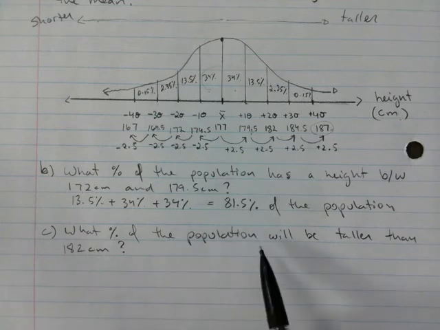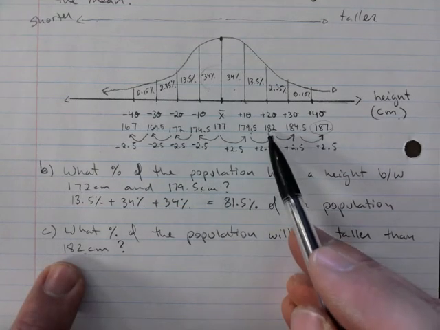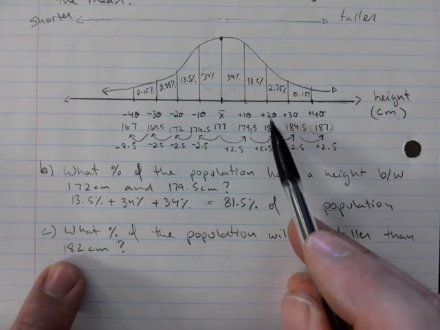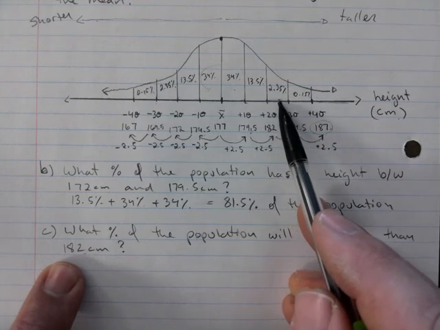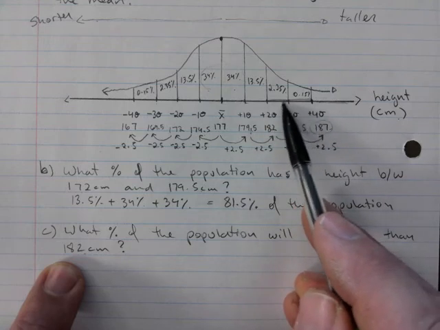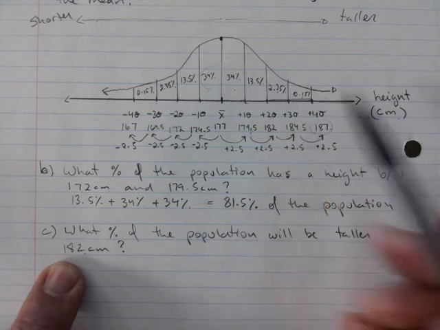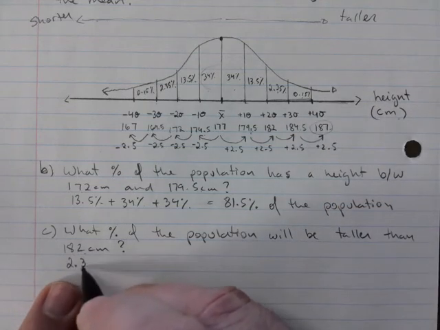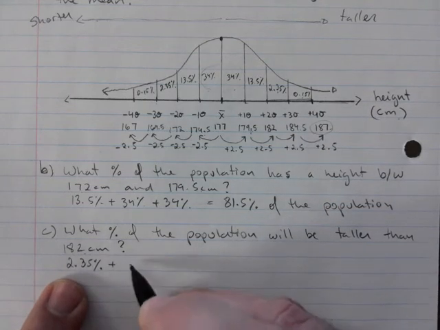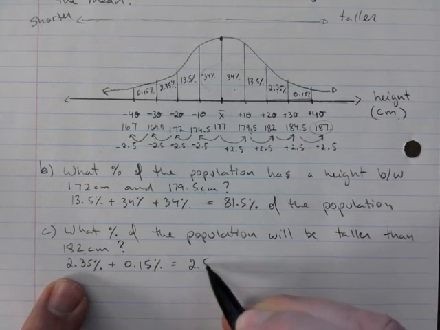So what percent of the population would be taller than 182 centimeters? 182 centimeters is right there. So it would be these sections right here that would give you that number, 2.35 and 0.15. 2.35 plus 0.15, which is 2.5%.